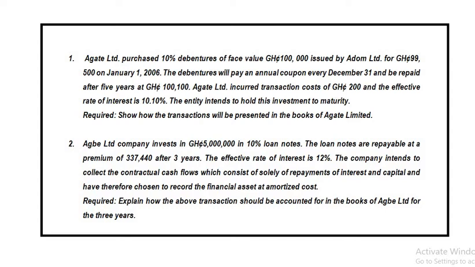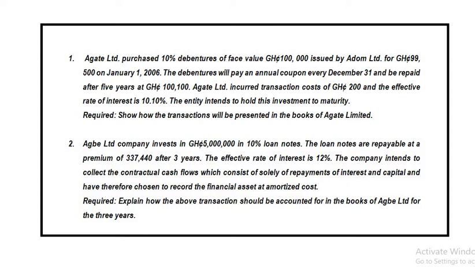Now let's proceed. The effective rate of interest is 12%, and we've already explained the effective interest rate. It is the rate that shows how the financial asset or financial liability will mature over the period. As we already know, 1 cedi today is not the same as 1 cedi tomorrow or in 5 years' time.